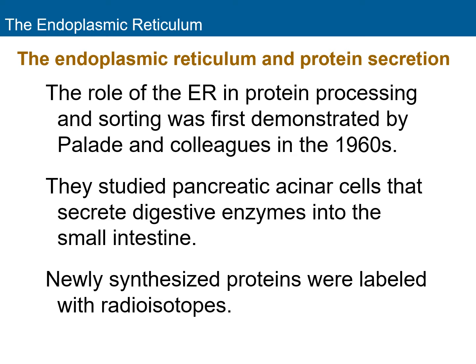The protein production pathway on the endoplasmic reticulum was discovered by Palade and his colleagues back in the 1960s. They were working on pancreatic acinar cells, and acinar cells, if you know, are the cells that secrete the digestive enzymes, the broadest and most effective type of digestive juice that is produced by the pancreas.